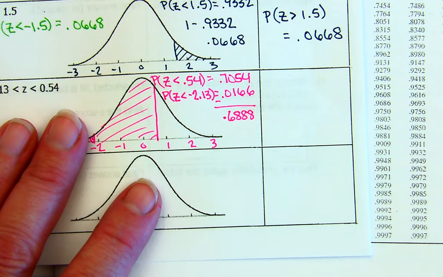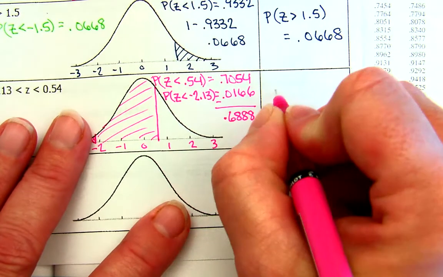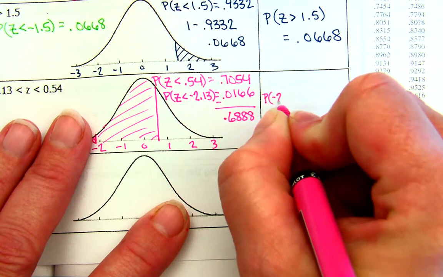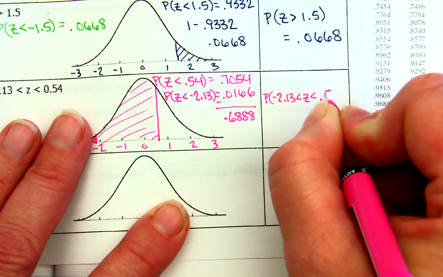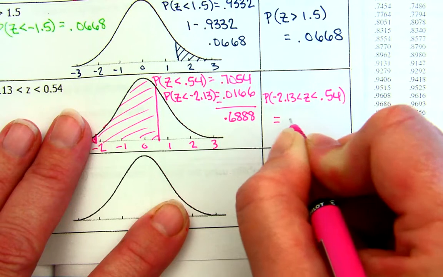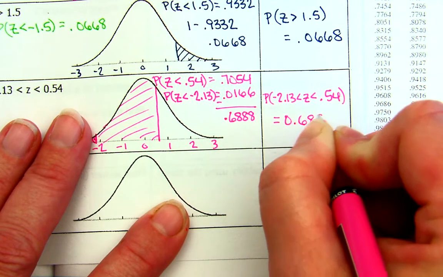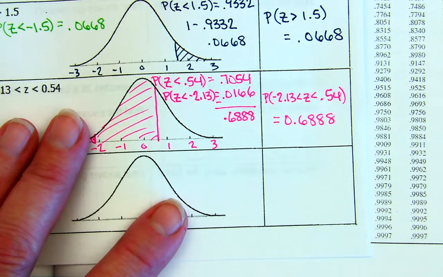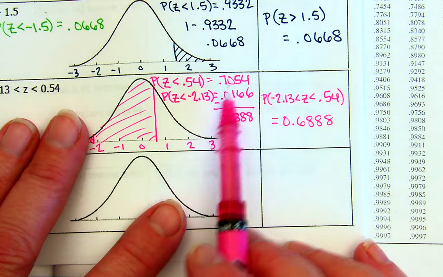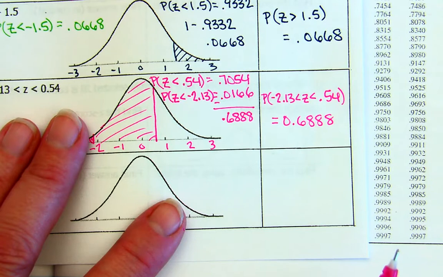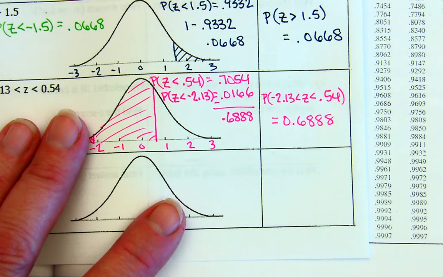That gives 0.6888. So anytime you're looking for between, you do the one on the right and then subtract the one on the left. And that will give you the value between.